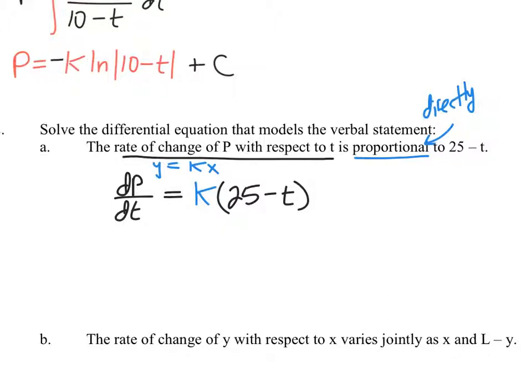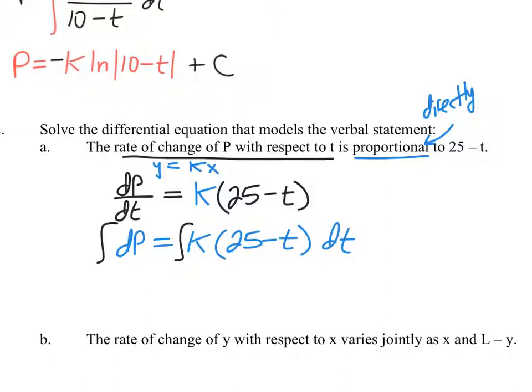All right, so our only job at this point would be to integrate both sides and solve for p in terms of t. So very close to being a separated variable situation. So dp is equal to k times 25 minus t dt. Integrate both sides. P is equal to, I'm going to write it as k times the antiderivative of 25 minus t dt.